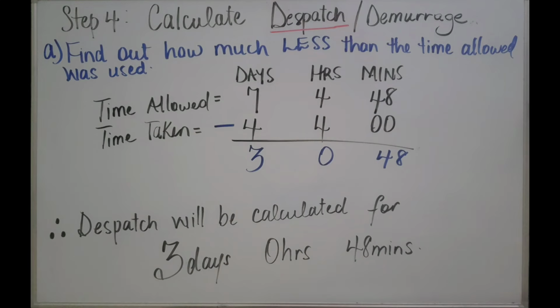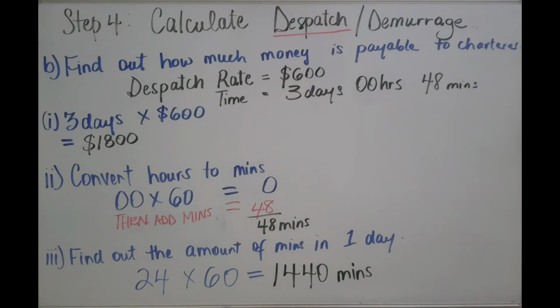So the dispatch will be calculated for 3 days, 0 hours, and 48 minutes. There is more than one way of doing this, and I'm going to do the other way in another video with the other statement of facts.